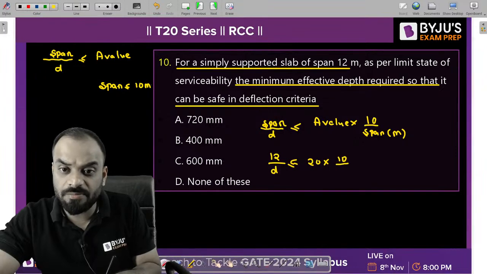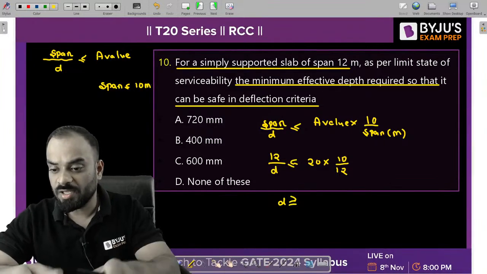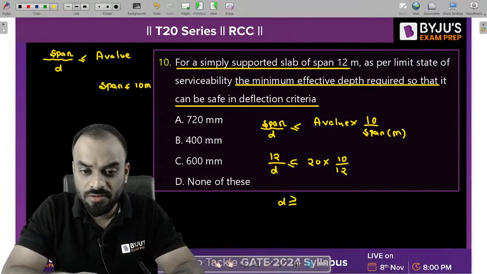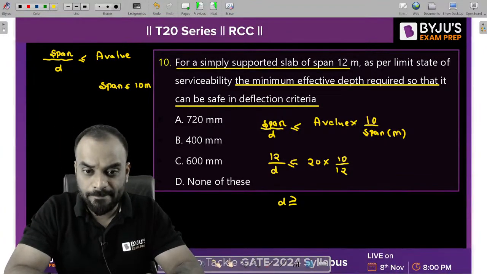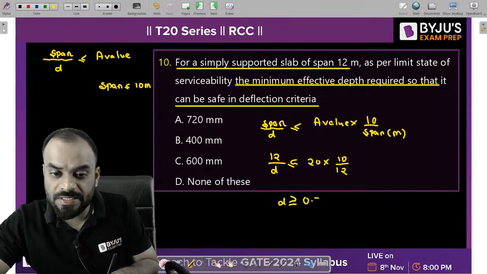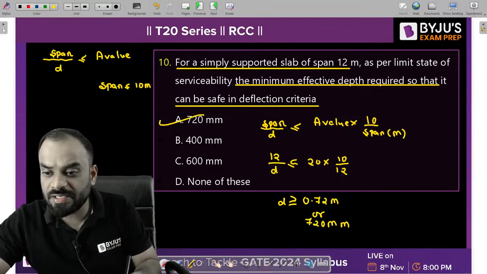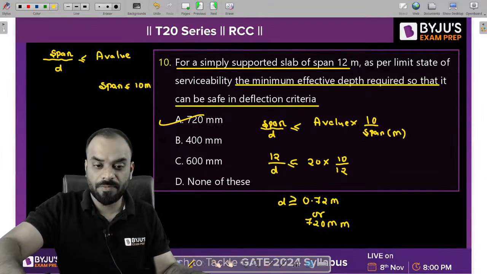Multiply by 10 divided by again 12. So let's calculate the value of d. How much are we getting? So this value is coming around 0.72 meter. Or you can write here, guys, 720 mm. So that's why A is the correct answer for the problem.